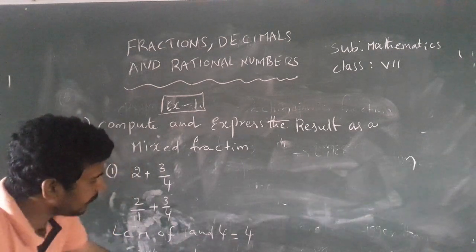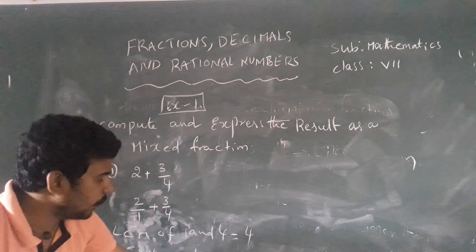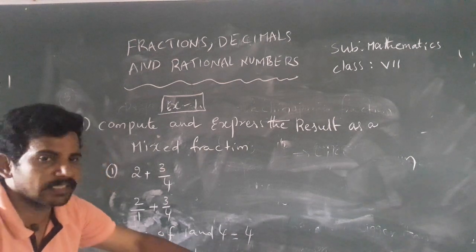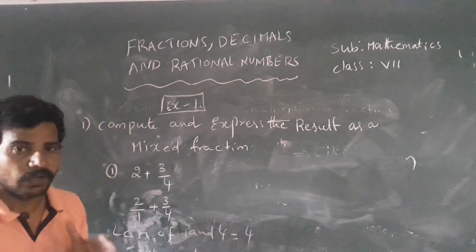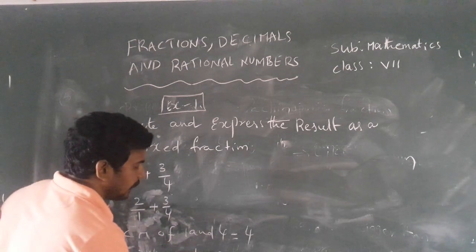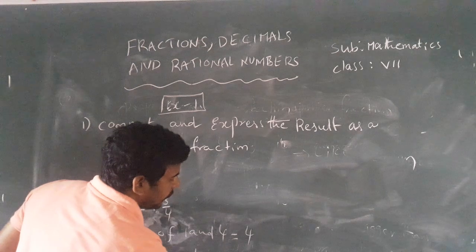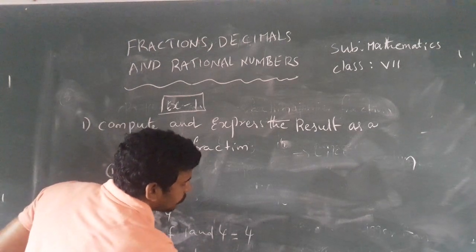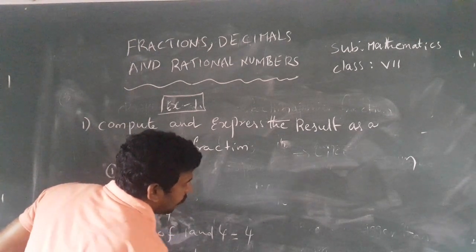Now observe, 4 and 4 are equal, so these two fractions are like fractions. Now you can add the numerators: 8 plus 3 over 4, what, children? 11/4.